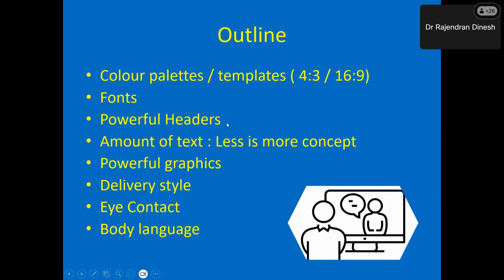Have powerful headers. Avoid boring headers like introduction, aims and material, but try to make it clear to people that you're talking about the background of the particular thing. For scientific content, the lesser amount of text is better.